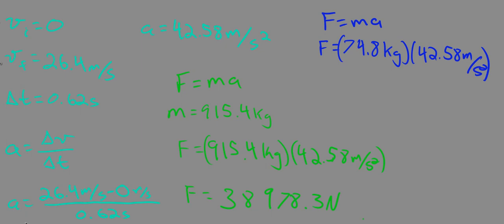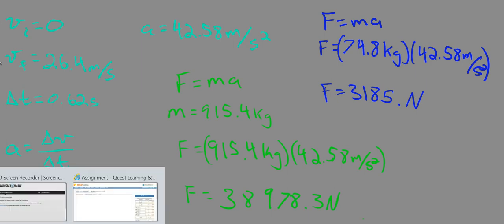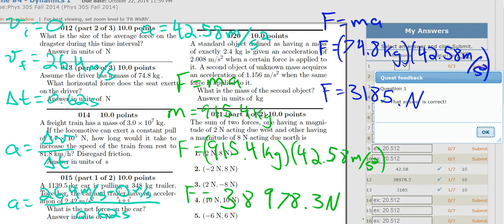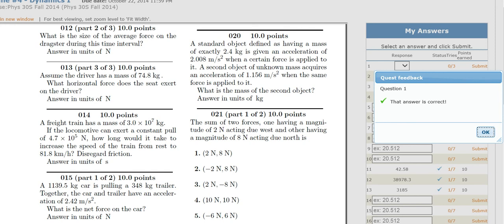I get 3,184, so my force is going to be 3,184 newtons, or if I would round, it would be 3,185 newtons. I'll go and try and put that in here. 3,185 newtons. And again, I got that one there. So that's how you go about that question.